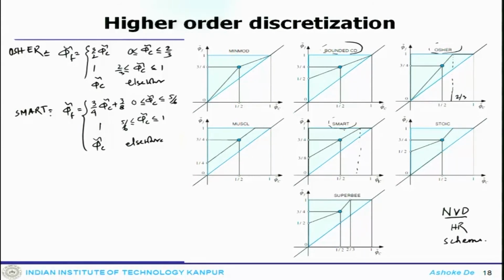This is another high resolution scheme, where up to 5 by 6 the profile follows some linear combination.